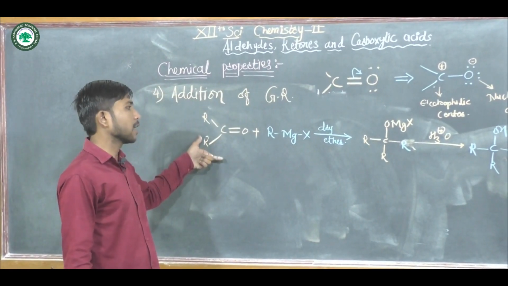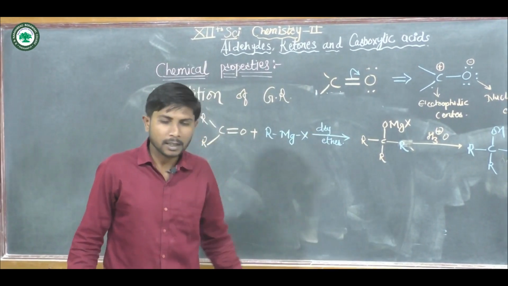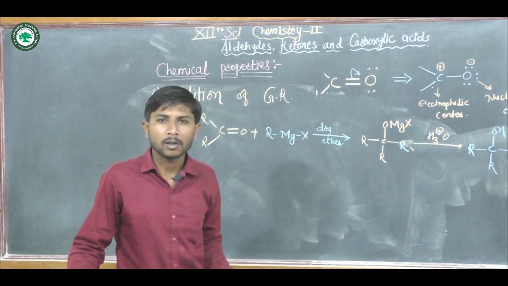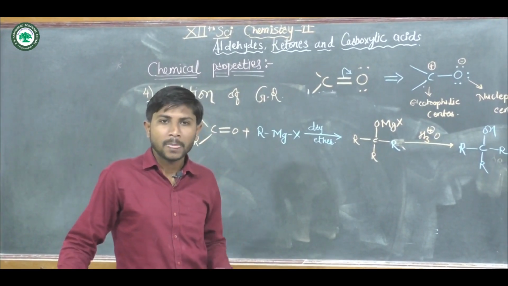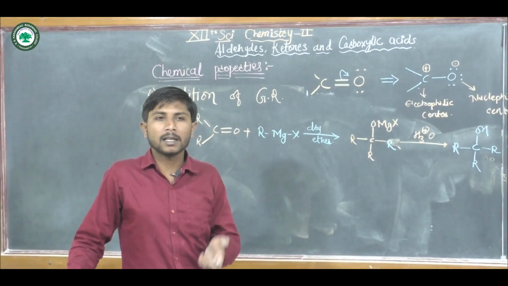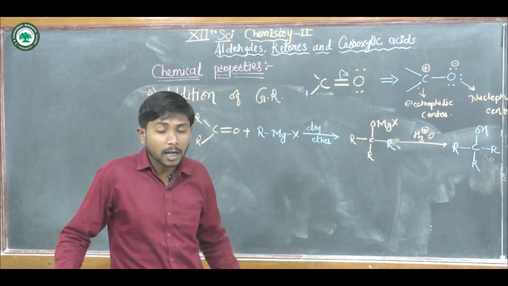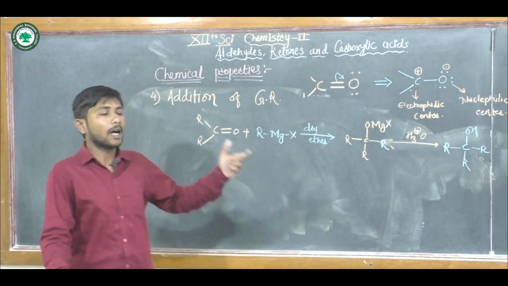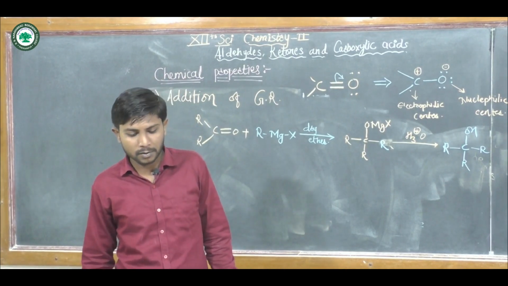In case we are taking an aldehyde, it will be the secondary alcohol. In case we are taking the ketones, it will be the tertiary alcohol. Means with the addition of Grignard's reagents to the carbonyl aldehydes or ketones, we can prepare secondary or tertiary alcohols. Okay.